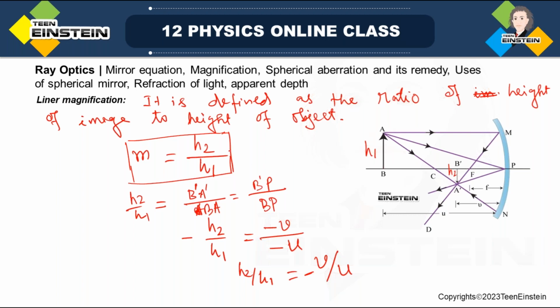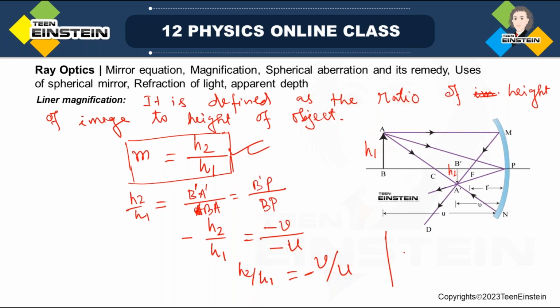The original definition is this: H2 by H1, that is the ratio of image height to the object height. But when we are going to the real image formed by this concave mirror, there this H2 by H1 is obtained as minus V by U. Okay, obviously, in case of virtual image, that will be V by U. All right.